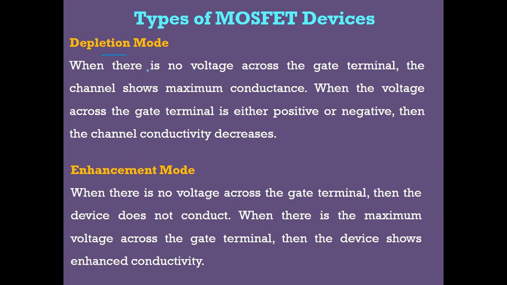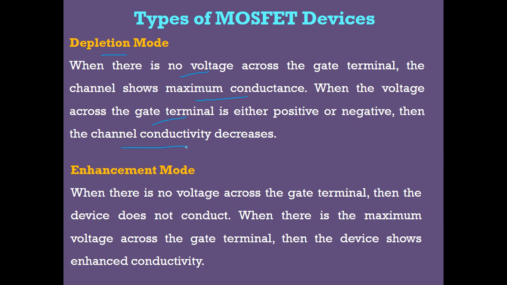Getting into the actual definition of depletion mode: whenever no voltage is applied at the gate terminal, this mode gives a maximum conductance. Maximum conductance in the sense that the current is going to be very large. Even if we apply a positive or a negative voltage at the gate terminal, this conductance will be reduced.